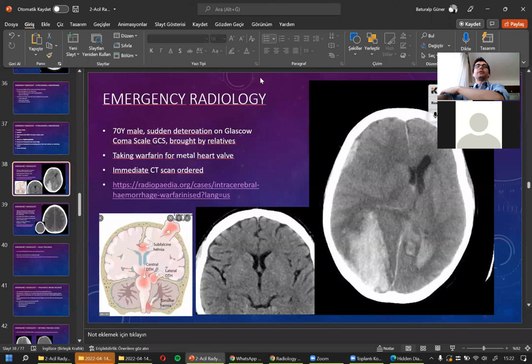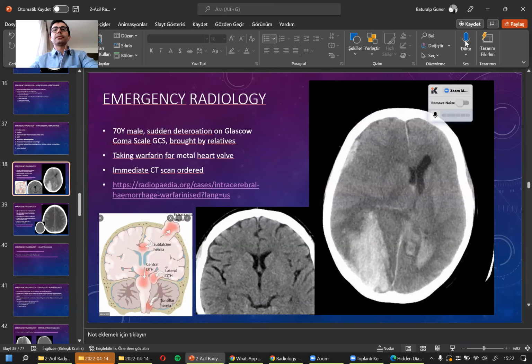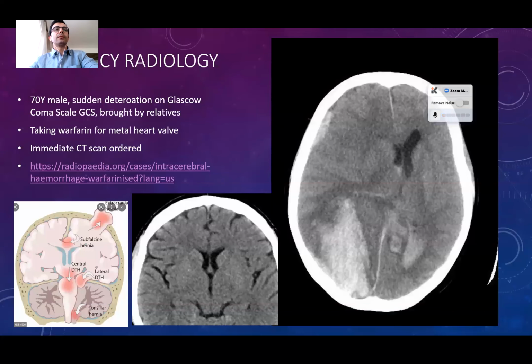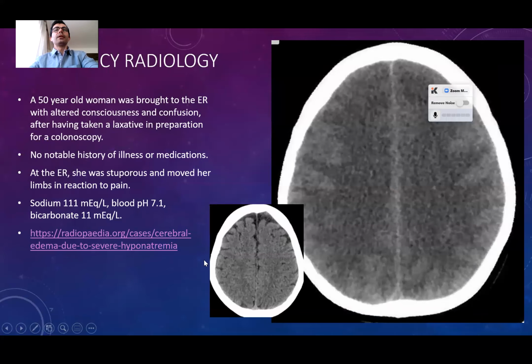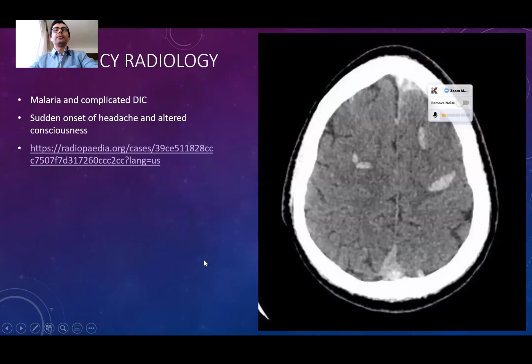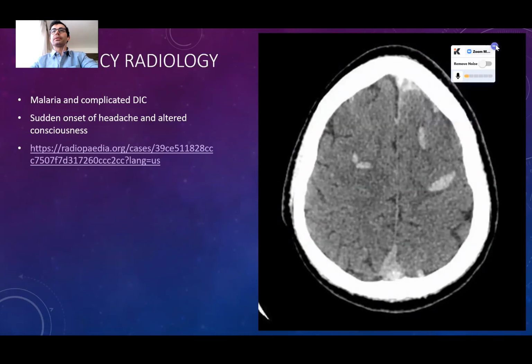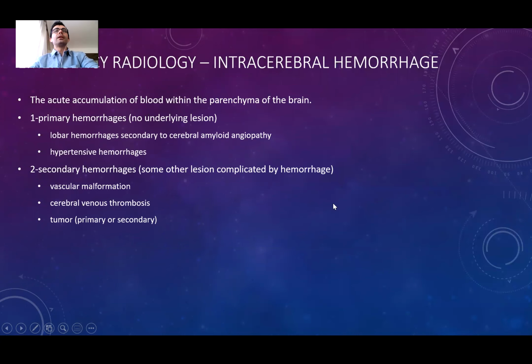So we were left in a case of intracerebral bleeding in a patient who was receiving warfarin because of a heart valve, and we went through a case of intracerebral hemorrhage because of low thrombocyte levels in a case of disseminated intravascular coagulation.